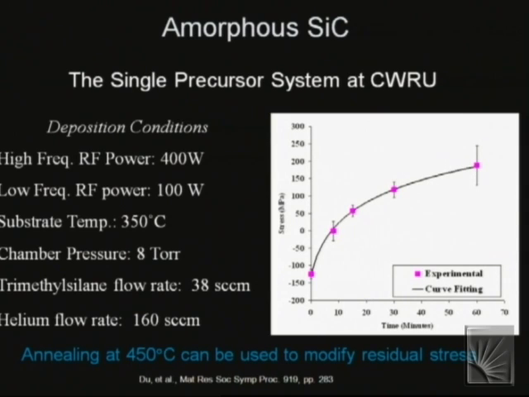And so for the silicon carbide, the system here is not equipped with a dual precursor capability, but rather we use a single precursor, trimethylsilane. It was developed for IC fabrication when there was a big push to insert copper metallization in the back end of transistor fab.